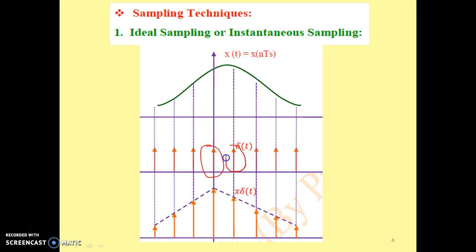After sampling, the sampled signal will look something like this, and all the sampling pulses, that is impulses, will have the amplitude equivalent to the input signal at that instant of time. That is what ideal sampling or instantaneous sampling is.